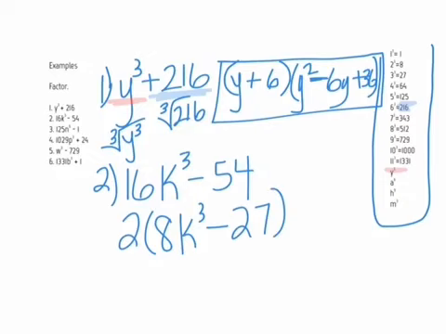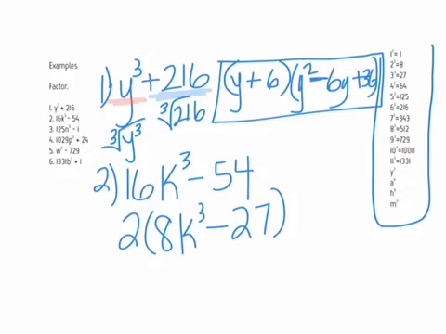Then the next thing you should do is make sure that these and these are in your list over here. I'm going to erase what I have highlighted over here. Okay. So as I look I do see this and this in the list. I see 8, I see 27, and I see a variable to the third power.